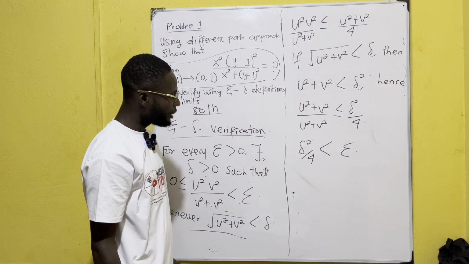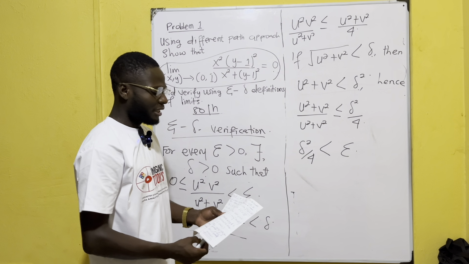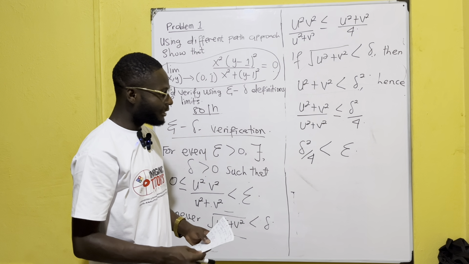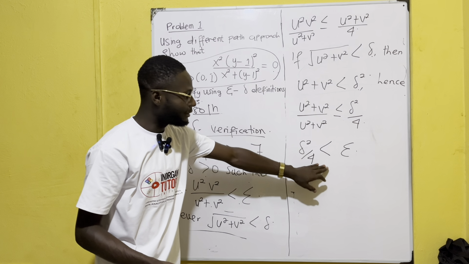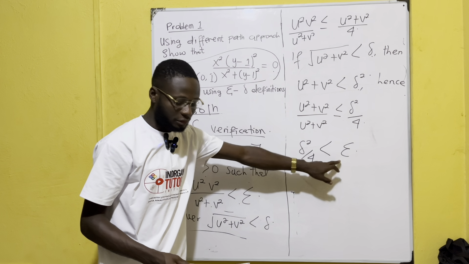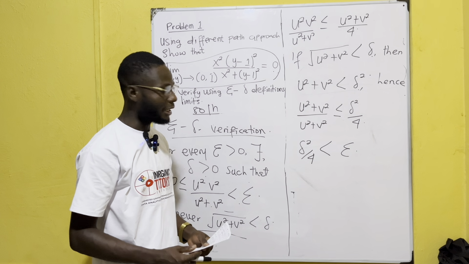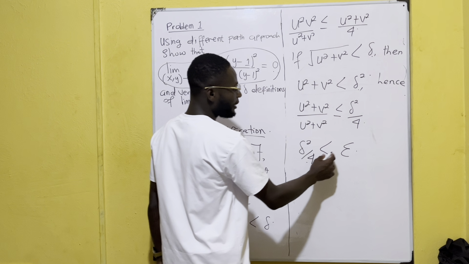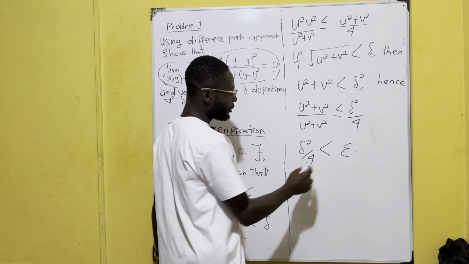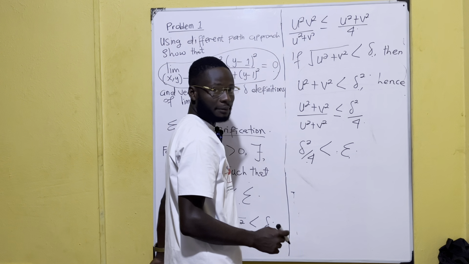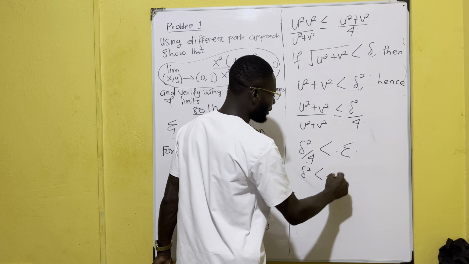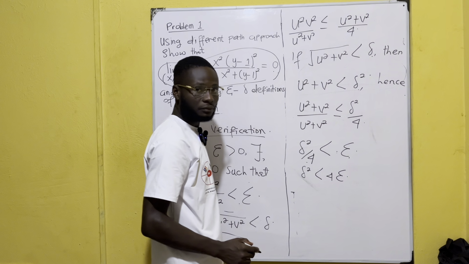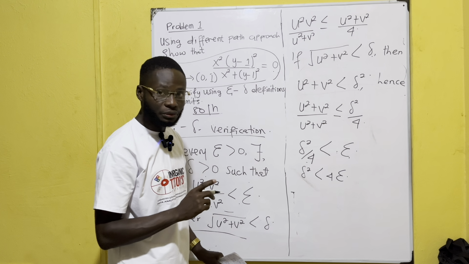So what do we have to do? This is basically telling us that delta is less than 2 times what? The square root of epsilon. You know why? When you send the 4 over here, you're going to get 4 times epsilon. So you have delta squared less than 4 times epsilon.